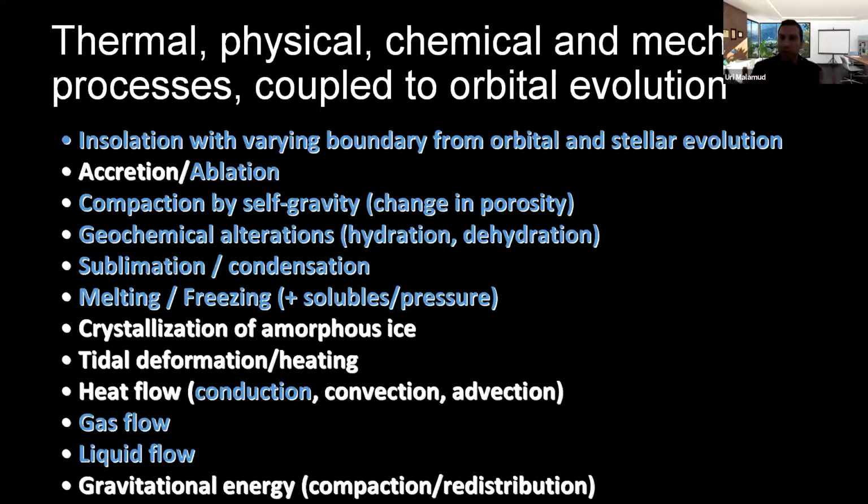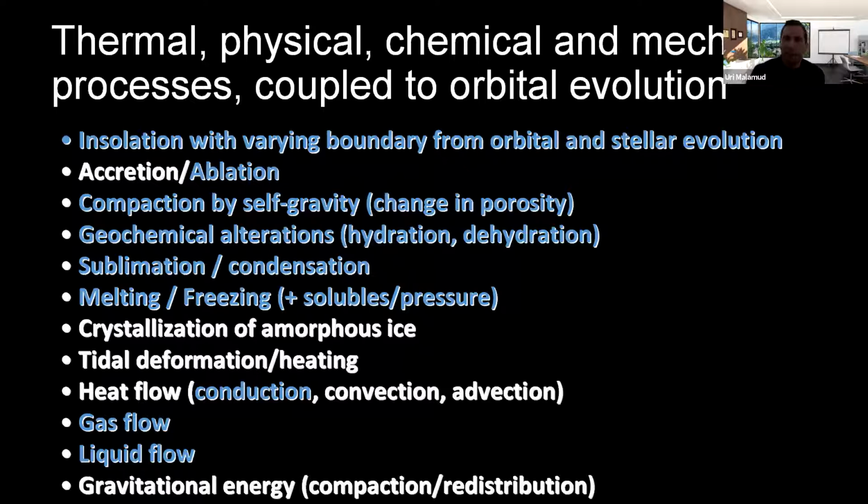And all of these different processes, in addition to an orbital evolution of the minor planet, because remember that the minor planet orbit expands as the star loses mass. All of these really complicated physical processes are integrated into a very complex set of equations. Of course, you cannot solve these equations analytically, but you can solve them using a computer.